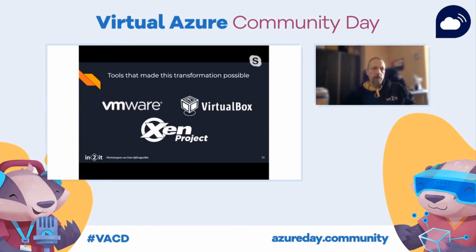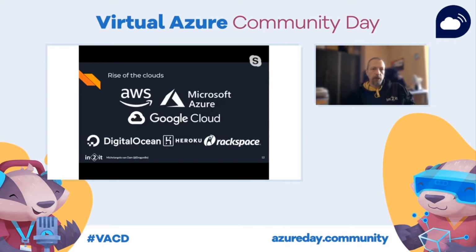Of course, the clouds were also coming, and we had the default clouds like AWS, Microsoft Azure, and Google Cloud that provided a suite of services and tools you can use to build it your own.